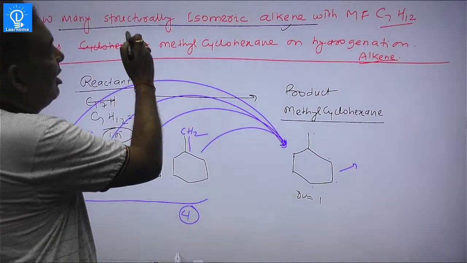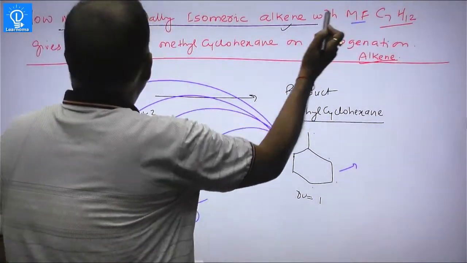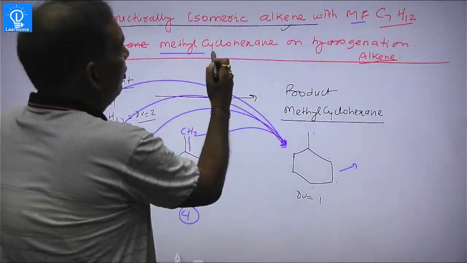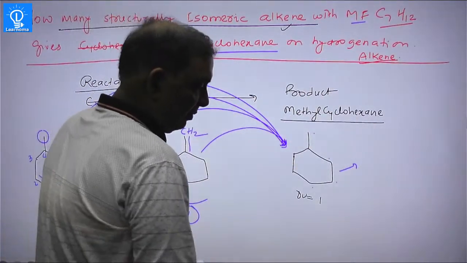How many structurally isomeric alkenes of molecular formula C7H12 give methyl cyclohexane on hydrogenation? See. Now see.